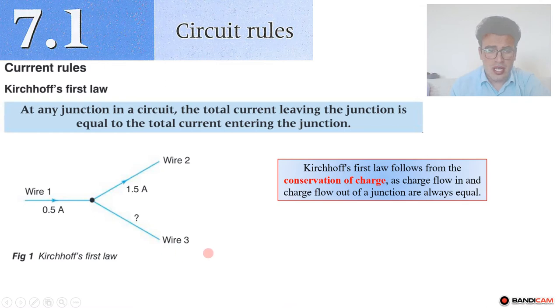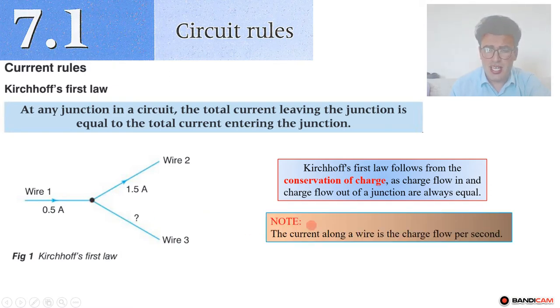Dear student, Kirchhoff's first law follows the conservation of charge. Why? Because, as we studied before, current is the charge flowing per second, or the charge flowing in a unit of time.